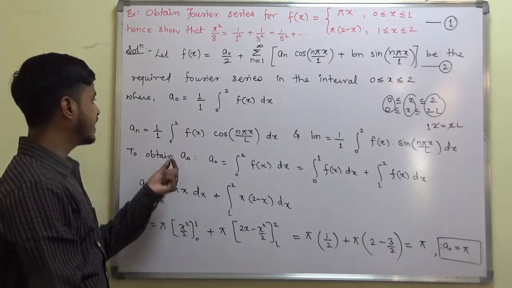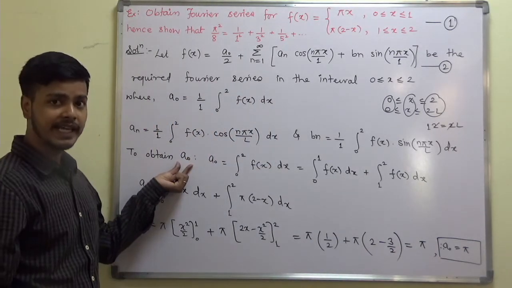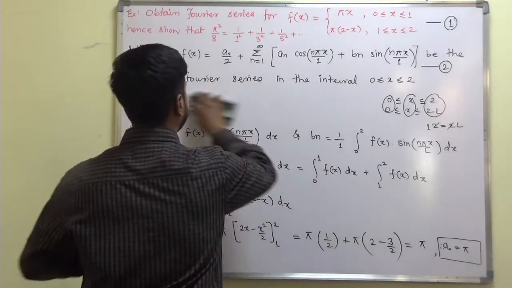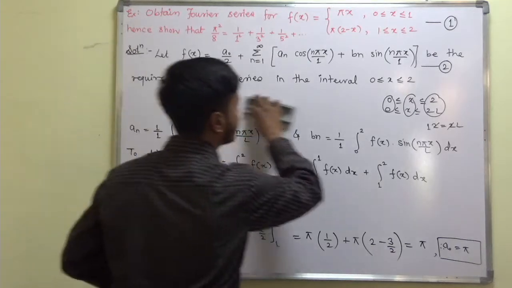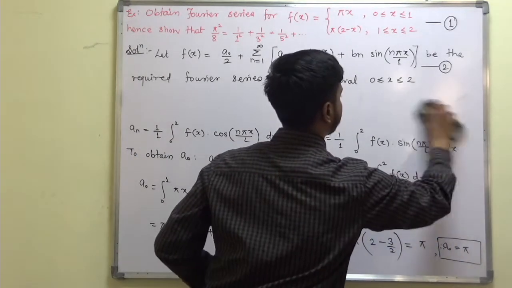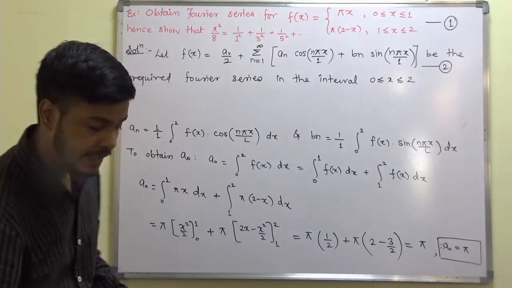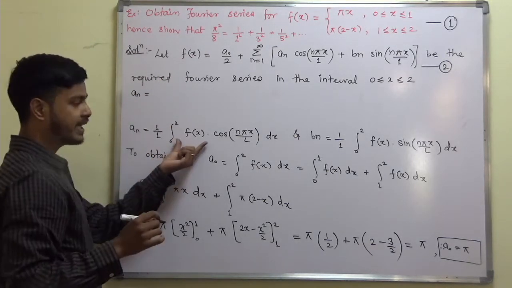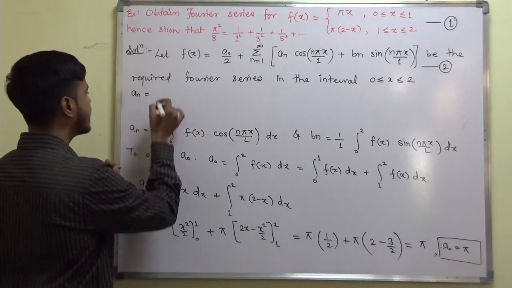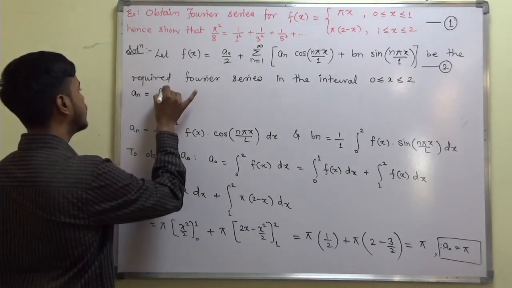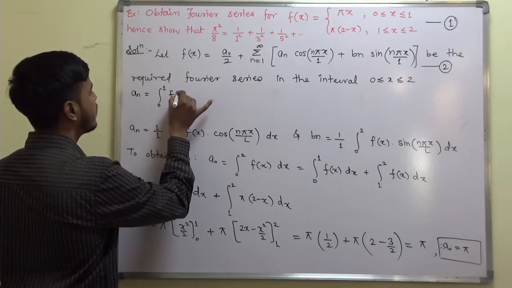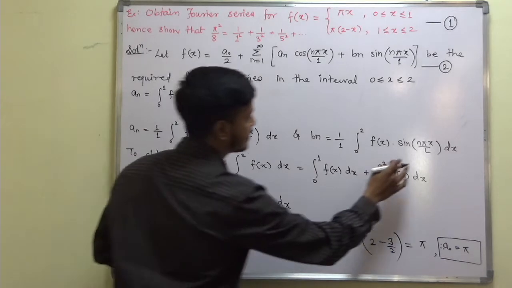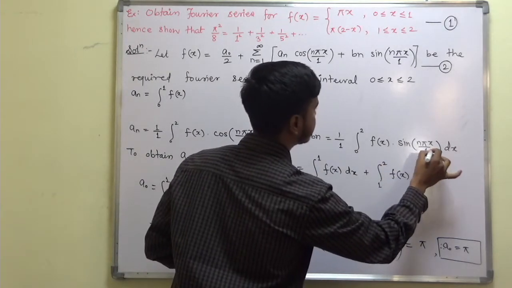Now, after finding a0, let us find an. So, what is my an? We have to find an. So, an is equal to, now I am breaking this an, 1 by 1 is 1, integration 0 to 1 f of x into cos n pi, L is 1, I forgot to write this.